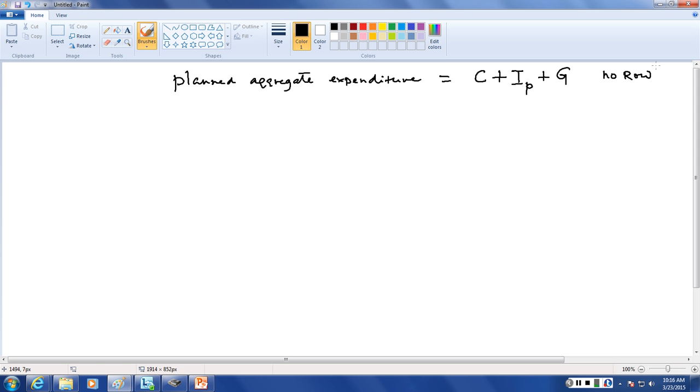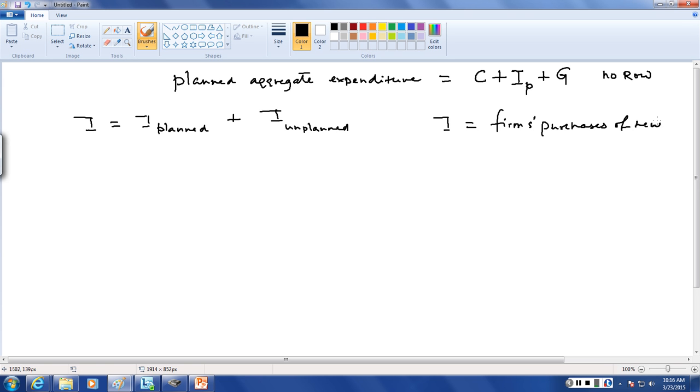Now, I just said that investment spending has two parts. You have the planned portion, and you have the unplanned portion. Now, let me talk about this for a second. What's the unplanned portion? Now, when I have spoken about investment spending in this class, I have mentioned, almost always mentioned, that this is firms' purchases of new machines.